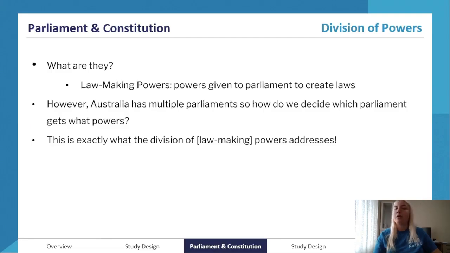Imagine if there was confusion about this. Imagine if both Commonwealth and state level parliaments could make any laws as they please in any area. What we would have then is inconsistency between those laws, and it would be unclear which is superior.